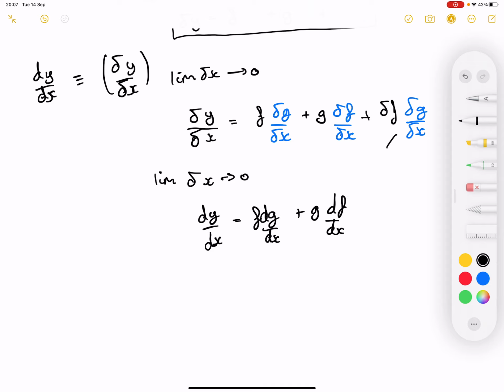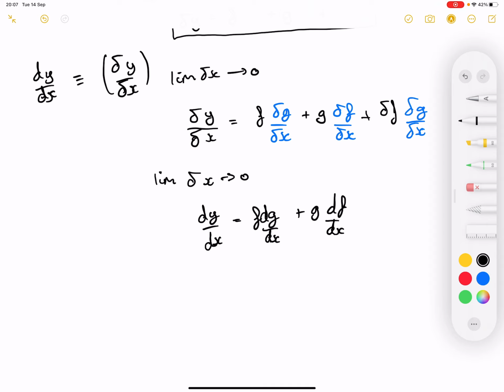And then this bit here is key. So what we have originally is a small number times a small number. So small number delta f times small number delta g over small number delta x.